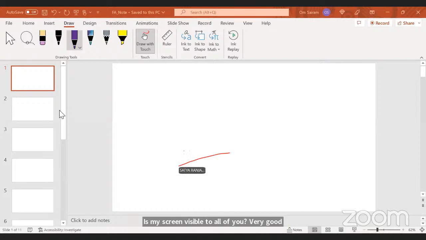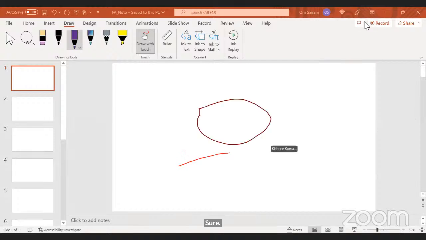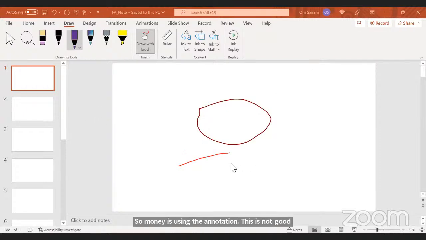Thank you so much. Just a minute. Someone is using the annotation. This is not good. Because if we all use this screen, then what will happen? Okay, just a minute.